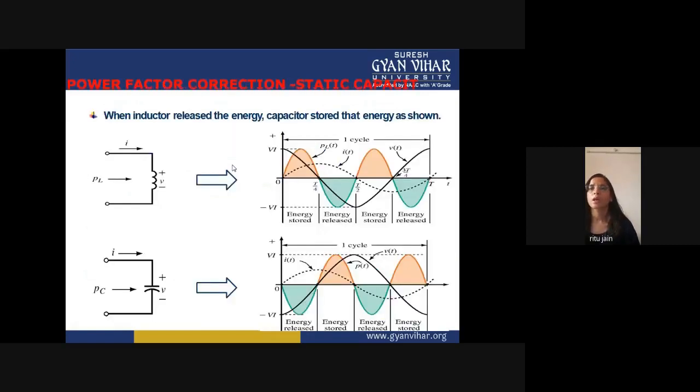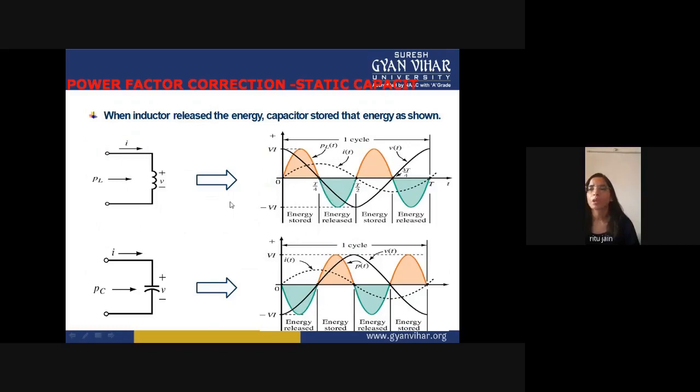Now, how can we correct the power factor? You can easily understand from this diagram that in the case of an inductor, at this point the energy is being stored and at this point the energy is being released. But with a capacitor, at the same time when the inductor is storing energy, the capacitor is releasing energy, and when the capacitor is storing energy, the inductor is releasing energy.